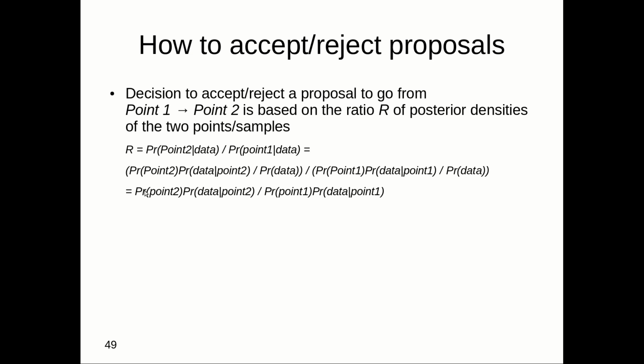And we see that this actually boils down to just taking the ratio of the prior probability of point 2 multiplied with the likelihood of point 2 divided by the prior probability of point 1 multiplied with the likelihood of point 1.